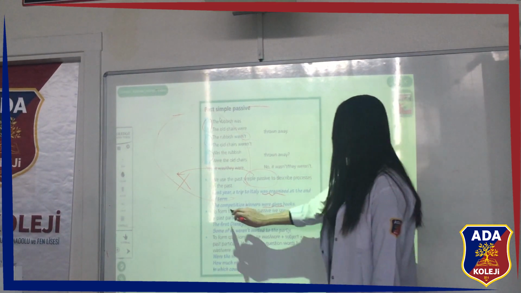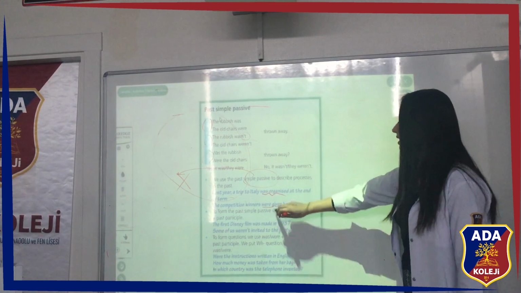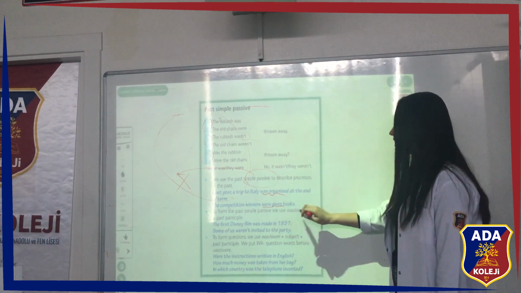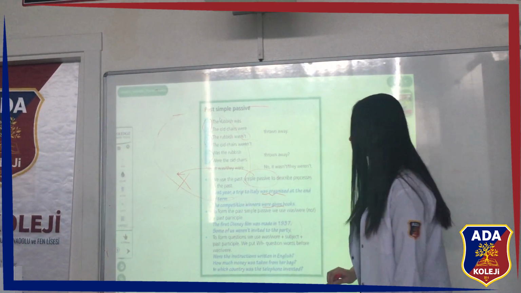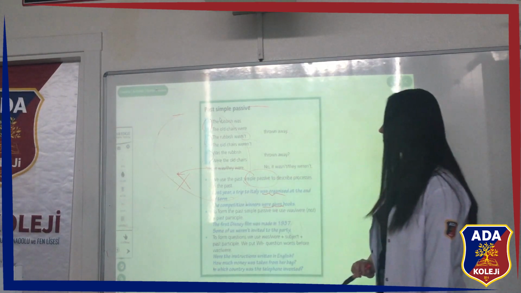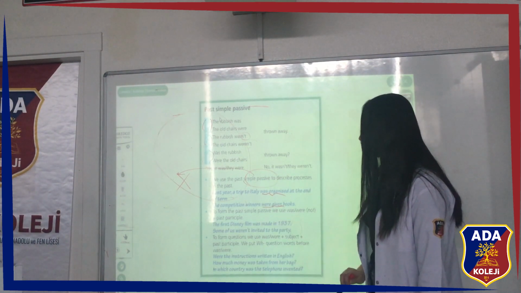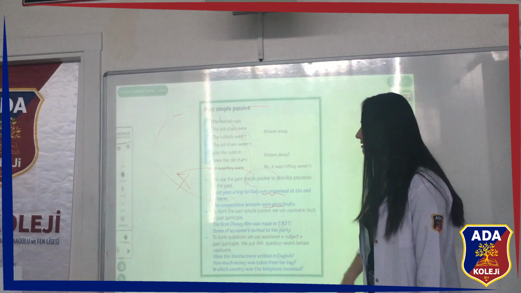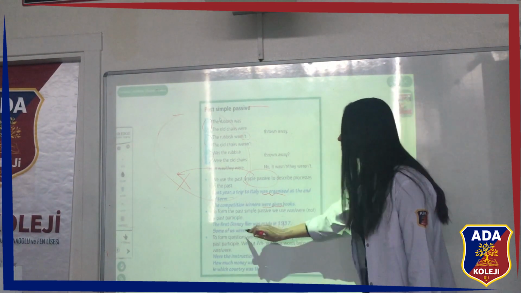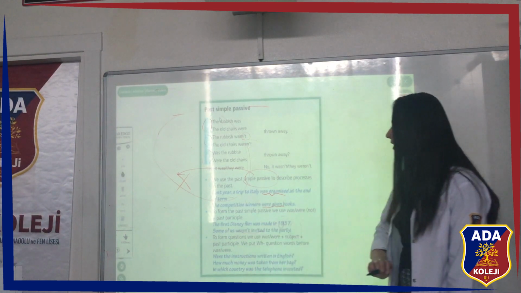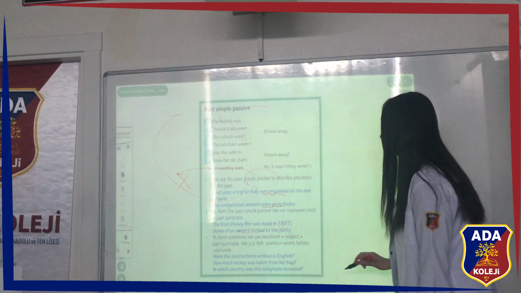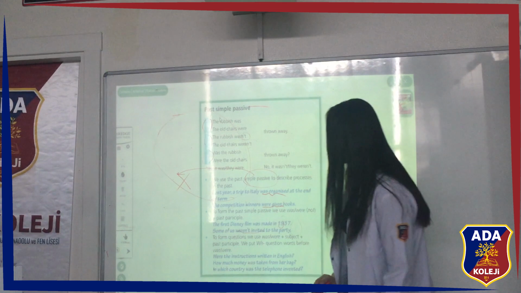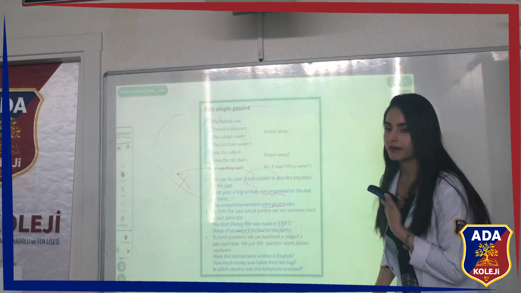Now, to form the past simple passive, we use was or were plus past participle. The first Disney film was made in 1937. The other sentence, some of us weren't invited to the party.